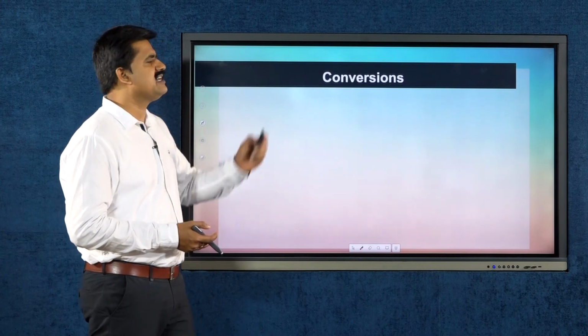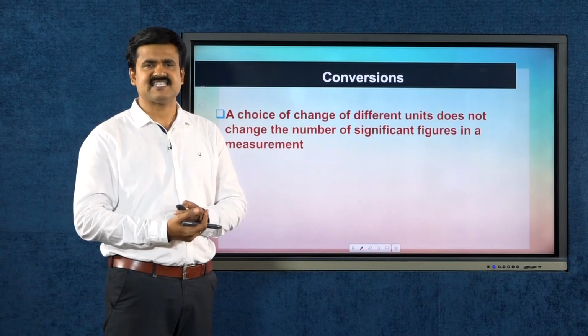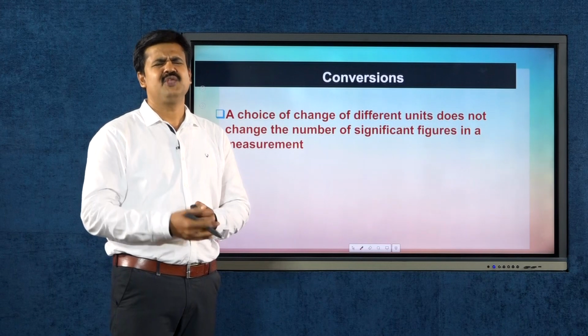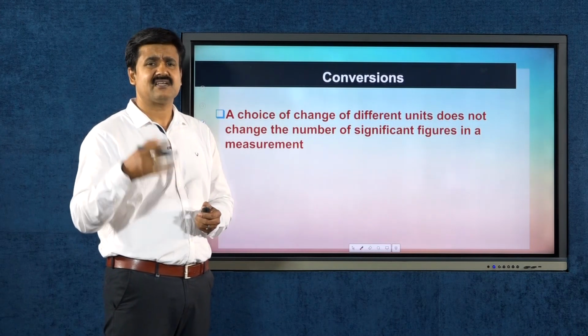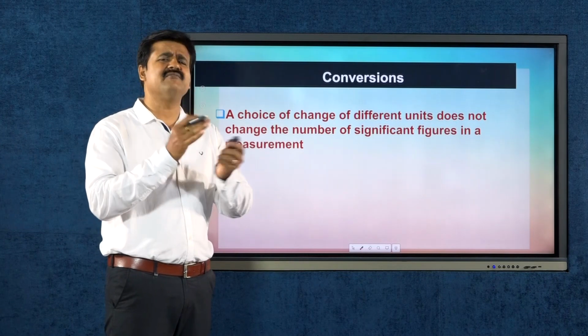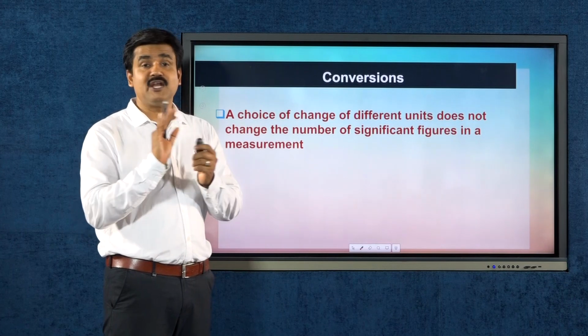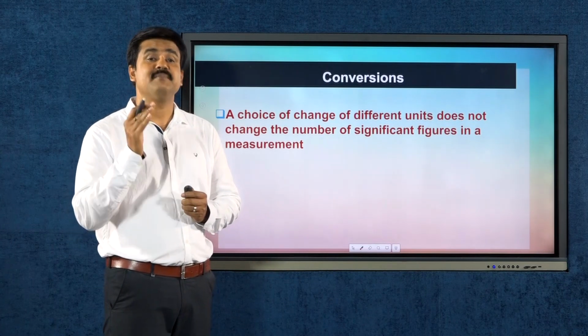Now we are discussing conversions, unit conversions, etc. For instance, you can express the length of a body in millimeter, meter, kilometer. There are several units. But interconversion of these units will not alter the total number of significant figures in a measurement.